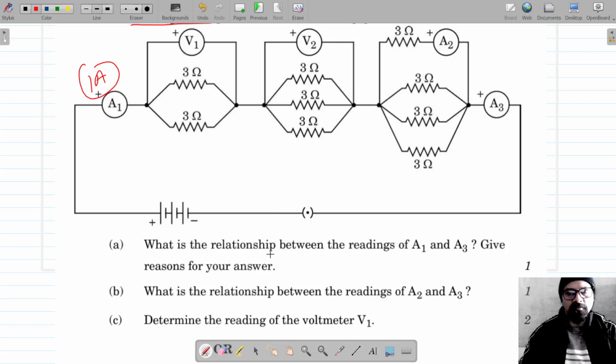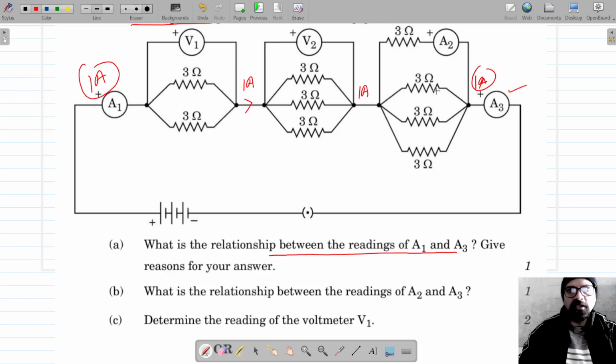What is the relationship between the readings of A1 and A3? So let's say the current here is 1 ampere. When the current passes through these three, it will come out as 1 ampere total current. The current is distributed equally in these three, and it comes out to be 1 ampere here, distributed equally in all these four, and it comes out to be 1 ampere here.